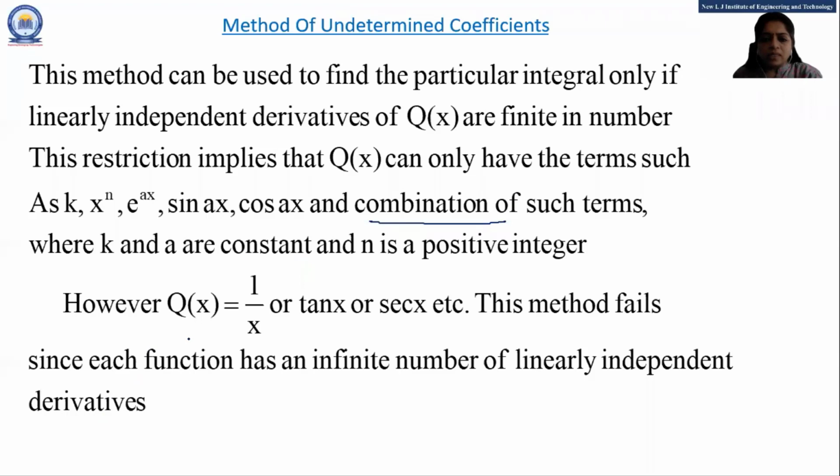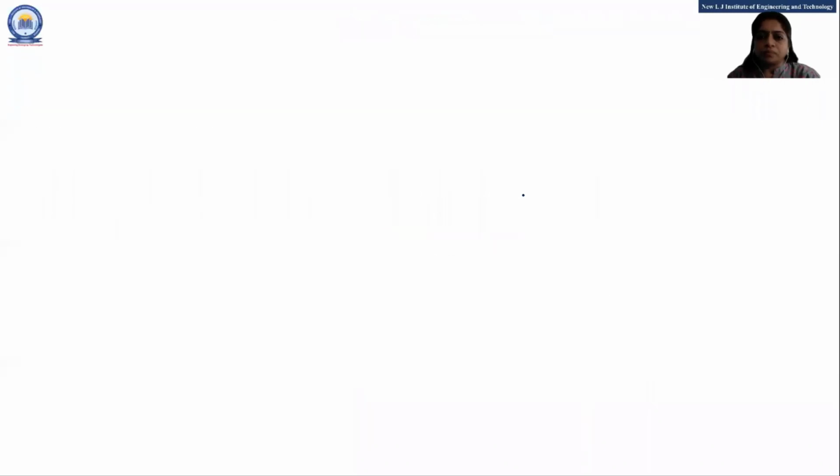When your Q(x), your right hand side, is 1 by x or tan x or sec x, etc., this method fails, since such functions have an infinite number of linearly independent derivatives. So please keep in mind you can apply the method of undetermined coefficients when Q(x) has a finite number of derivatives, right? So let's start.